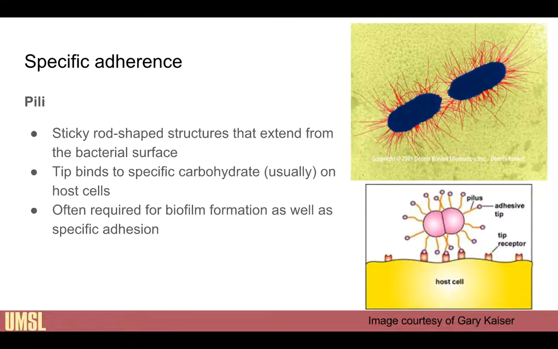Most pili, for example, really like to bind mannose, a sugar that's part of the extracellular matrix around epithelial cells. It's a very nice carbohydrate to specifically pick out of a mixture of different carbohydrates for these bacterial pili. And they're often required for biofilm formation as well as specific adhesion.